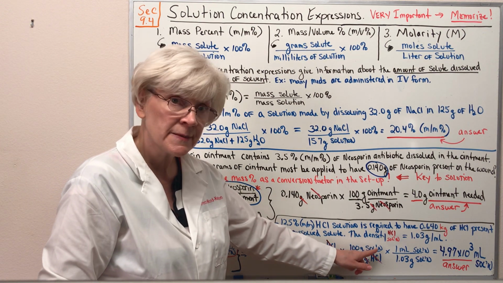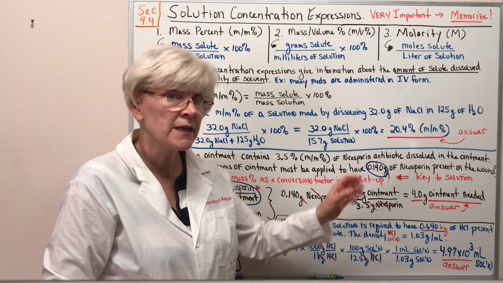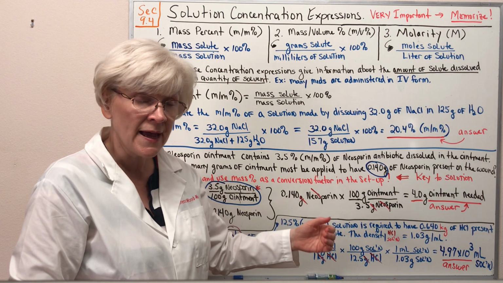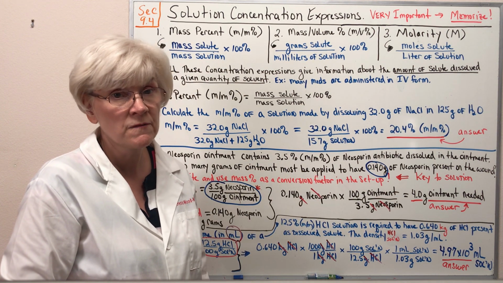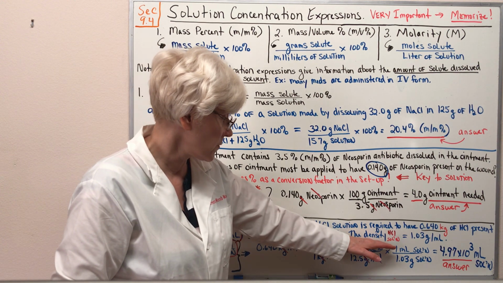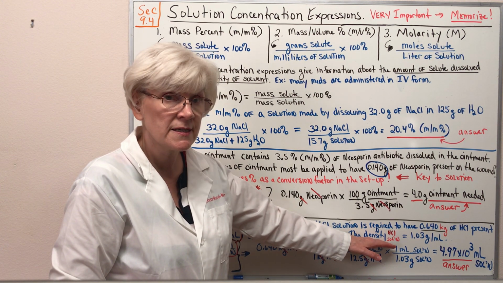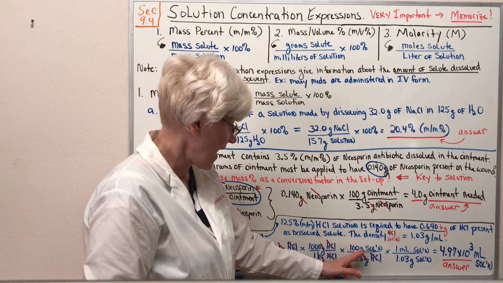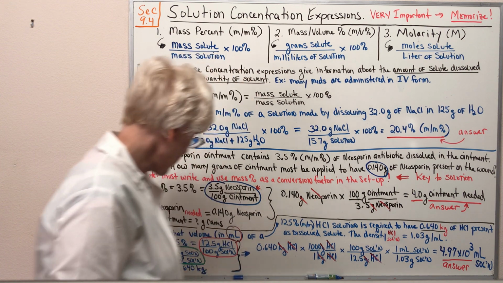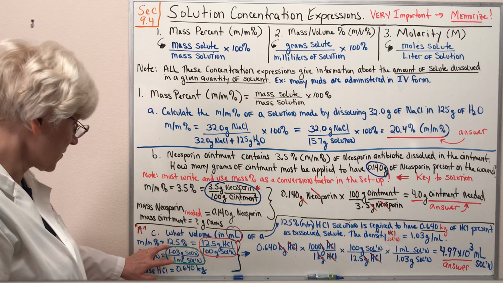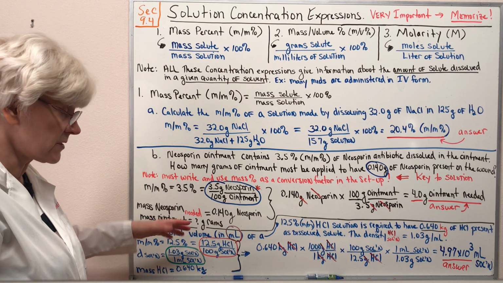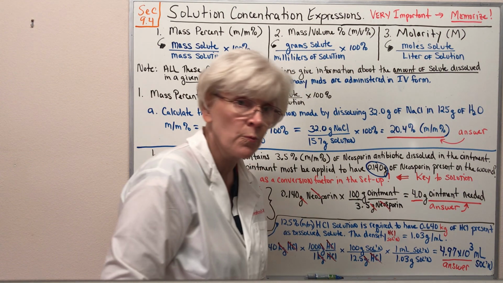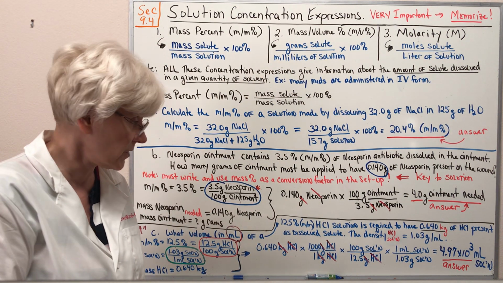Whenever you have a mass of a substance and you need the volume of that substance, or the volume and you need the mass, that is always a density conversion problem. So yes, we do need to use this density of the HCl solution in our calculation. So here we have grams of solution, and now I'm going to take the density of the solution, write it in its flipped form, so that I have 1 milliliter of solution over 1.03 grams of solution.